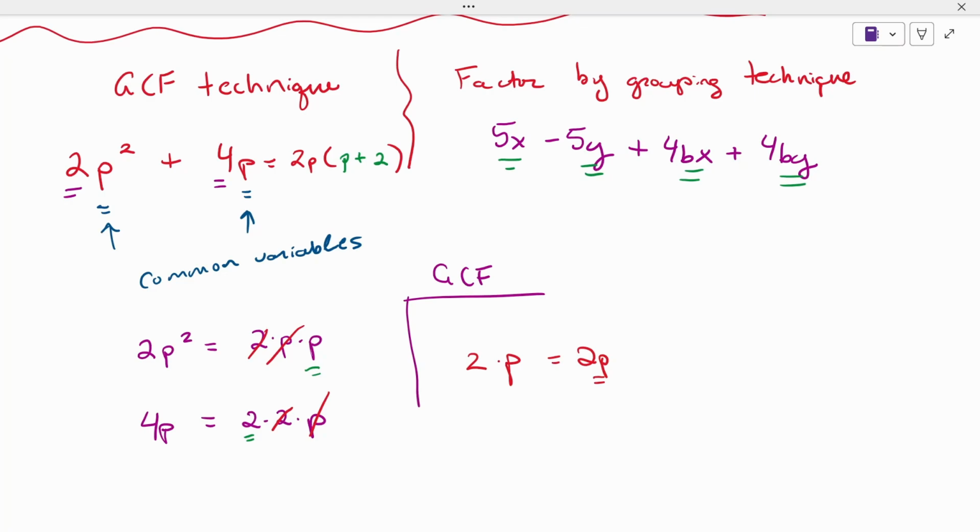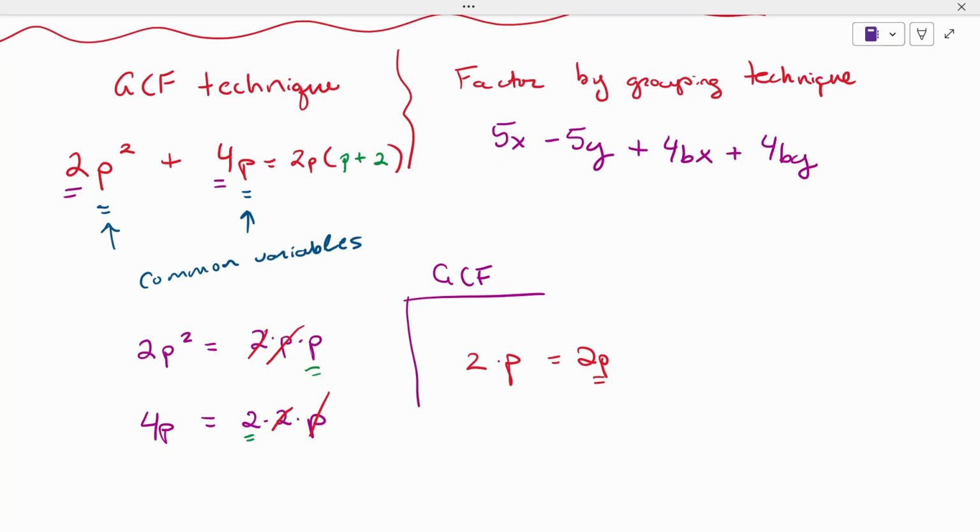In this instance, when we're looking at factor by grouping for 4 terms, you'll see that 2 of your terms have x's in common, 2 of the terms have y's in common, and 2 of the terms also have a common b. Then you'll note that the numbers themselves have similarities with one another.